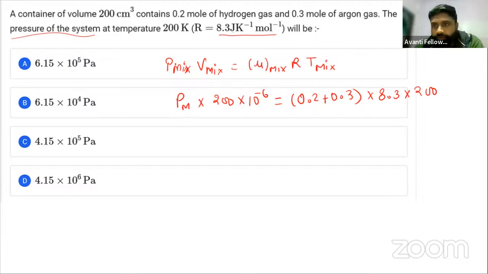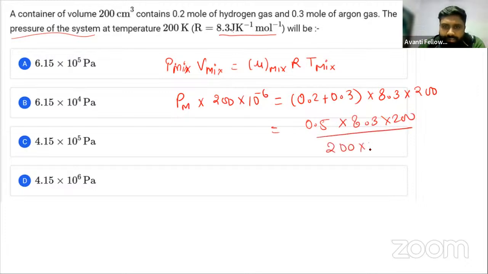Now, you are saying that option C is correct? So let me see. It will become 0.5 multiplied by 8.3 multiplied by 200, divided by 200 times 10 raised to the power minus 6.